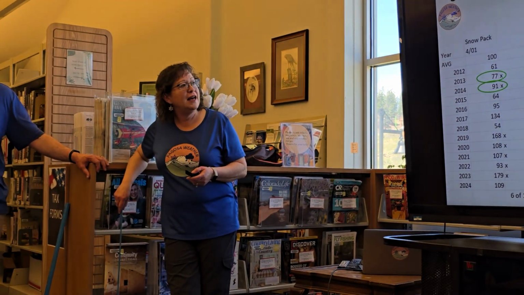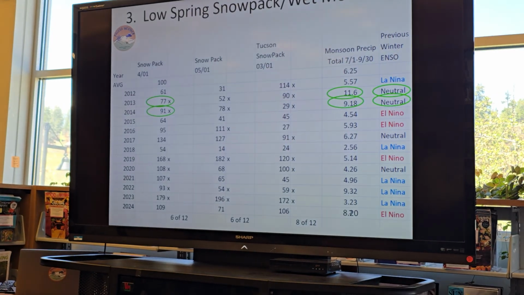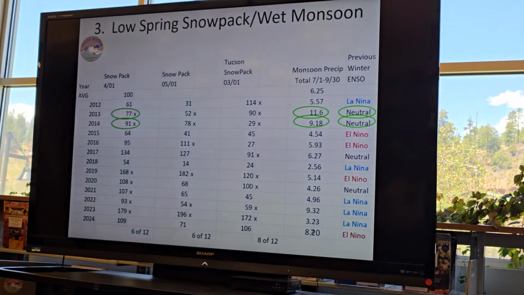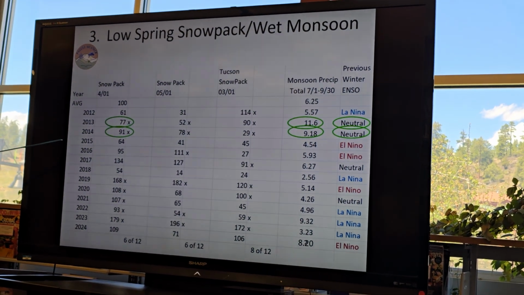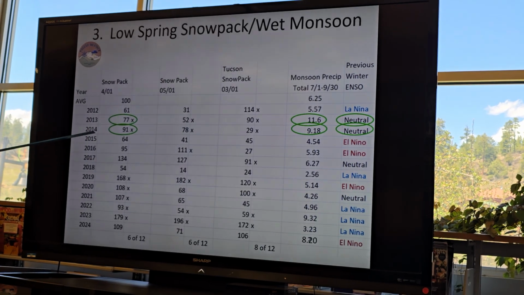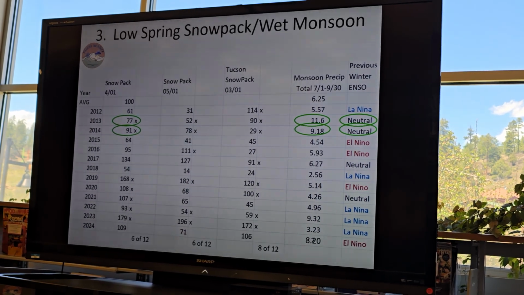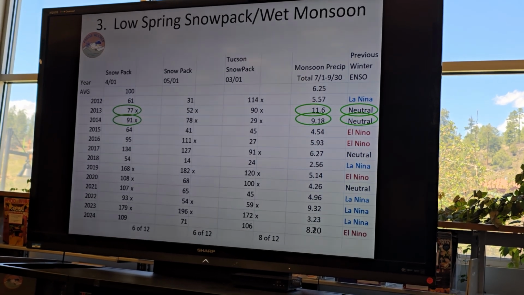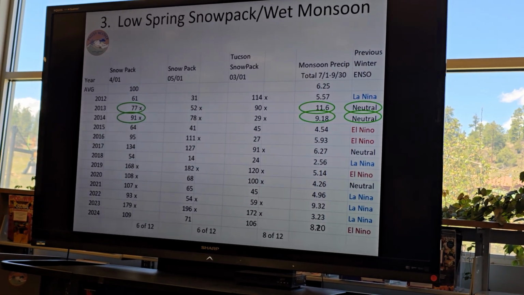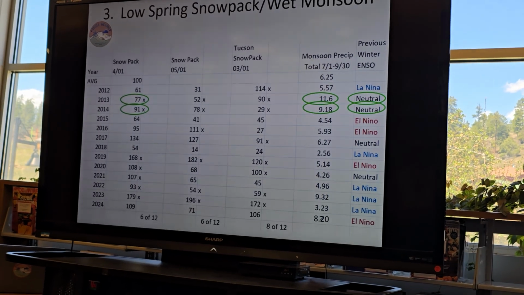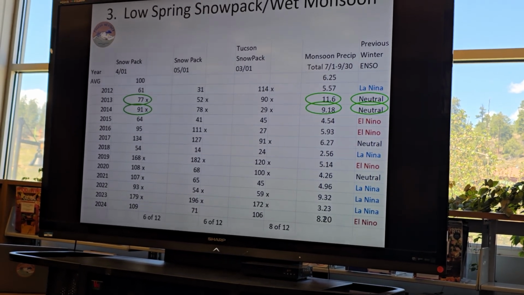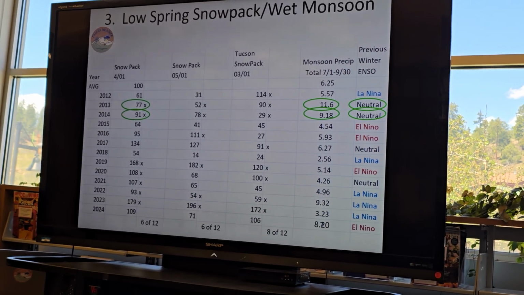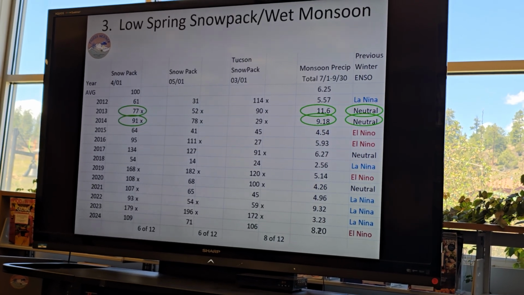And then looking at historical data here in Pagosa. In recent history, we have had 2 summers where the snowpack in April was below average and we were also neutral ENSO. In the summer of 2013 for the monsoon, we had 11.6 inches. Remember, our average is 6.25 inches, so that's almost double.